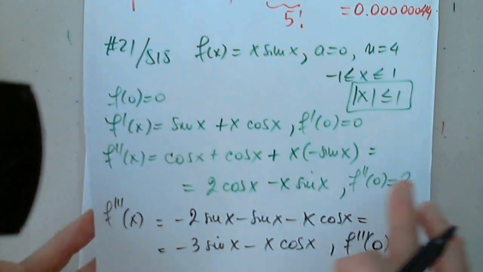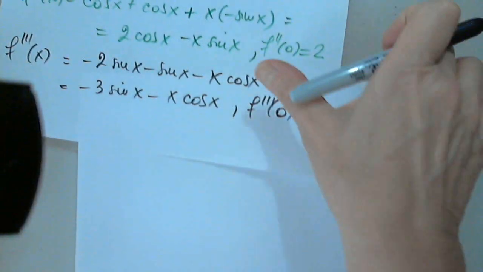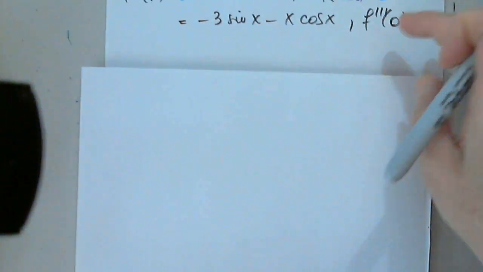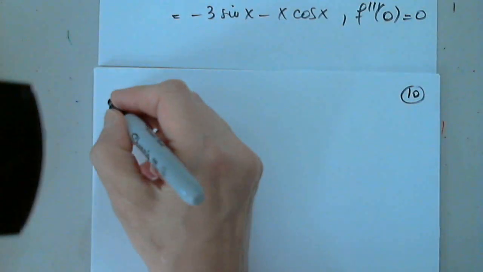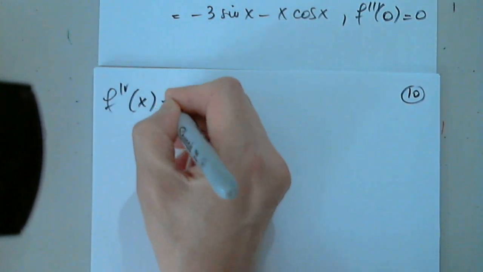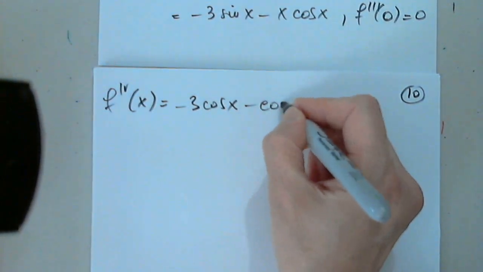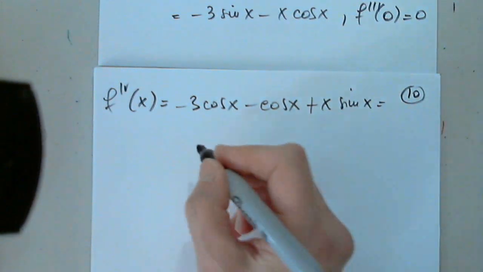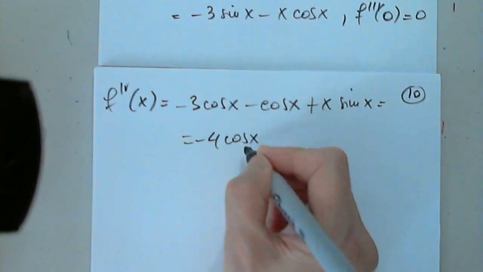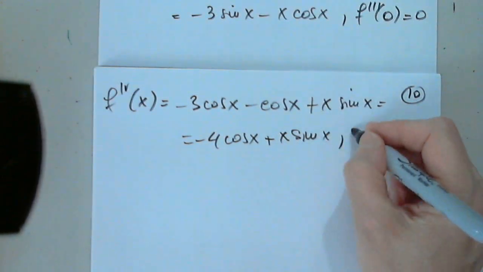Let's move on to the fourth derivative now. I'm on page 10. So the fourth derivative, -3 cosine x minus cosine x plus x sine x, equals -4 cosine x plus x sine x.